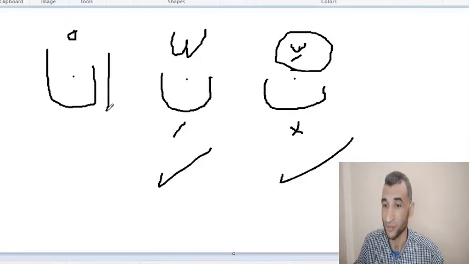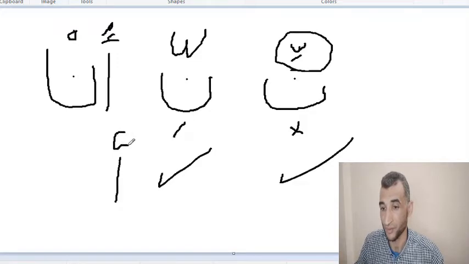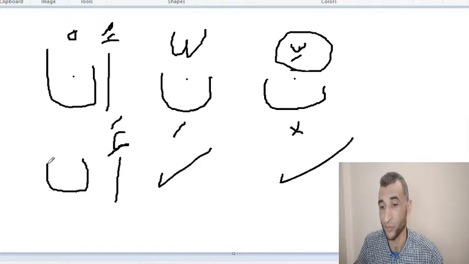If you added, for example, the letter hamza before it with a short vowel above it, you can pronounce it like an. And sometimes, if you see this letter hamza with a short vowel of fatha, and the letter noon next to it, you can see this sign of sukoon in a different shape, like this.